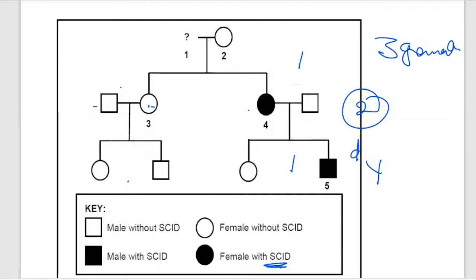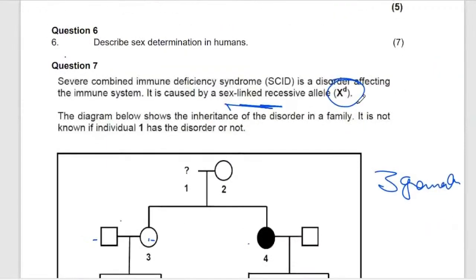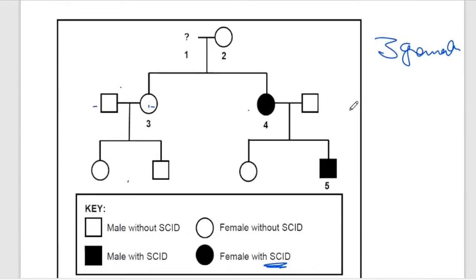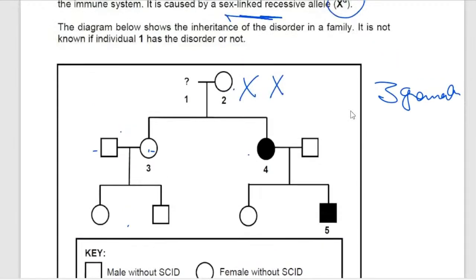All right, let's go to the next question. How do I identify? Someone is asking. I'm going to go there so that we finish this. How do I identify one? To identify one, remember you have to first identify that this is caused by a recessive allele. If it's caused by a recessive allele, what you need to do is, this one is XX, but this person is normal.